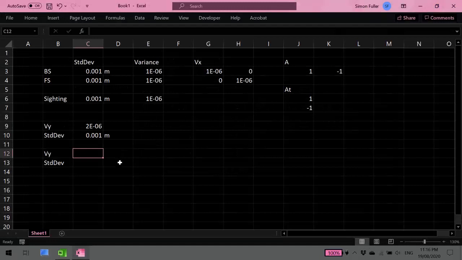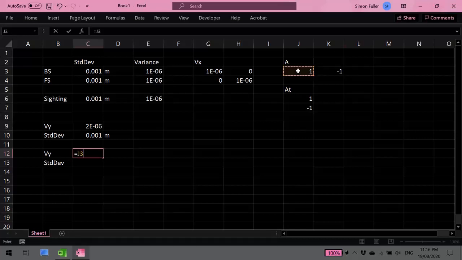So that's simply equal to this one squared times the variance of my backside plus this one here squared times the variance of my foresight.